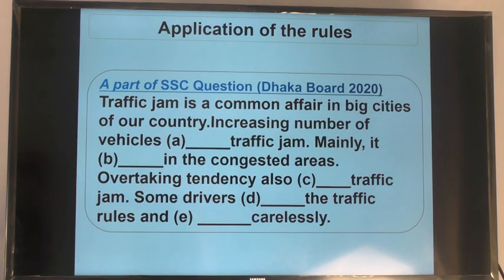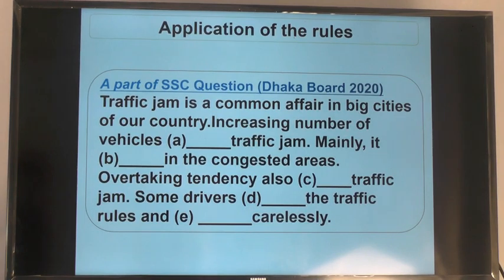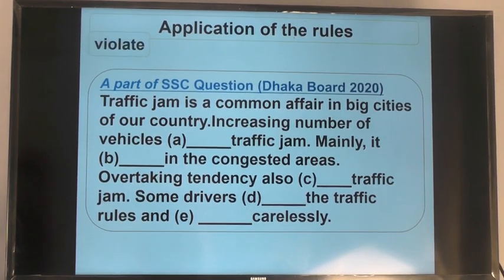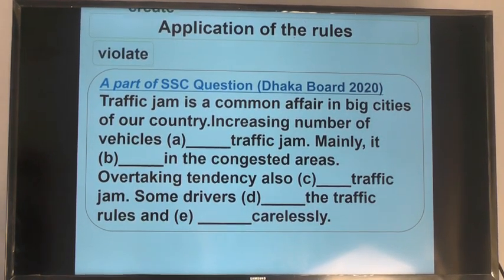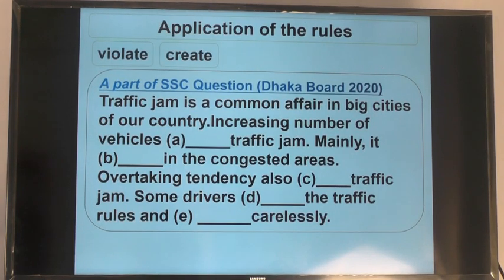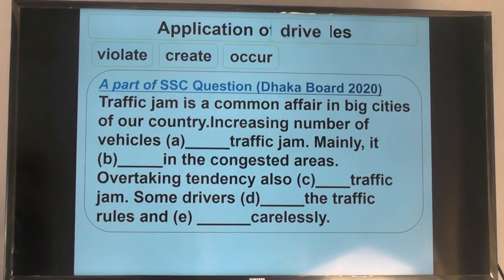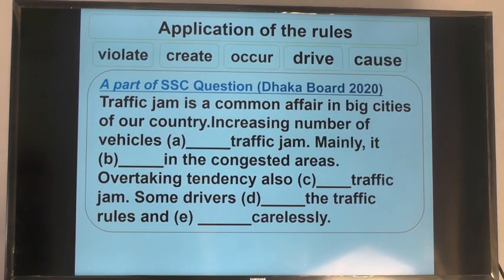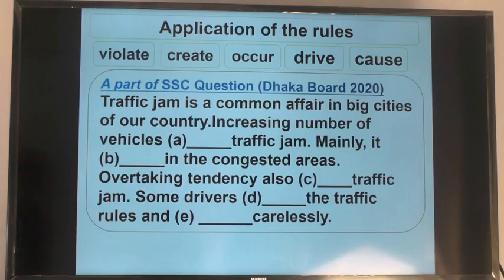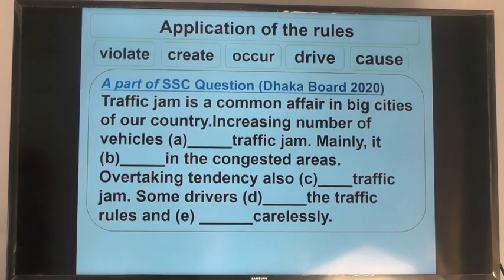Some drivers the traffic rules and carelessly. Now in the gaps these verbs will be used correctly: violate, create, occur, drive and cause. So think, take time and try to use the right forms of the verbs.